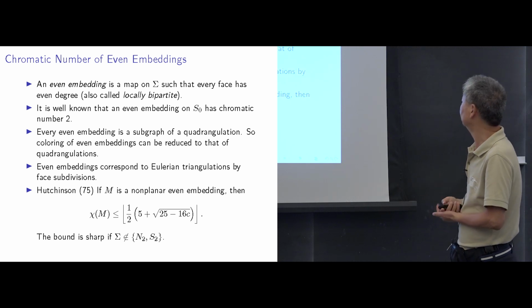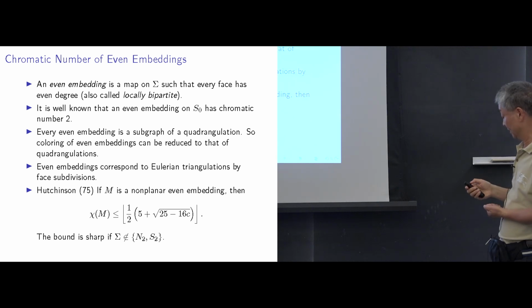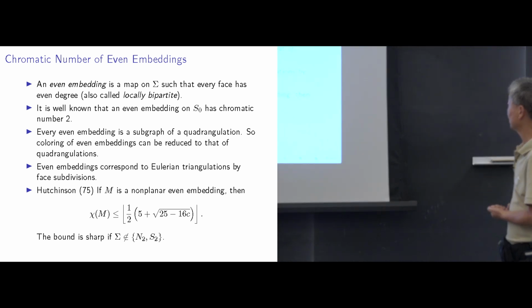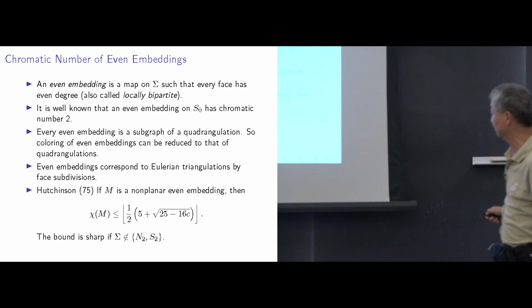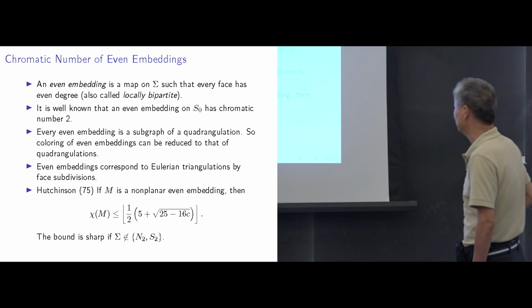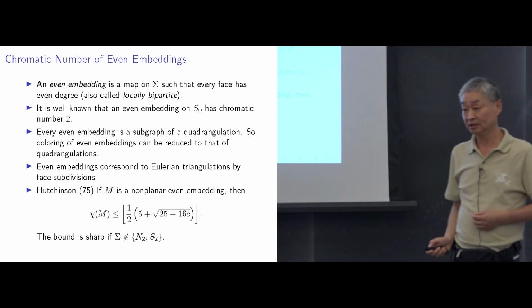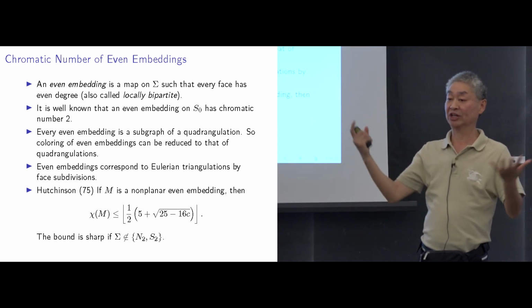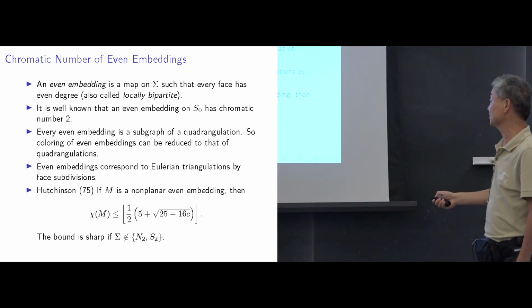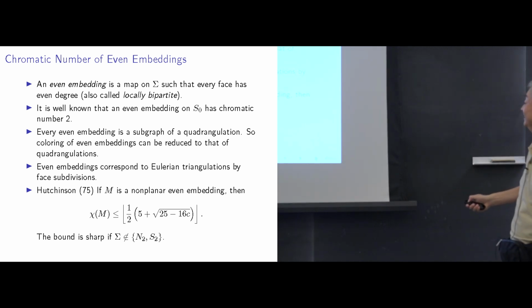So there are some analogous results to general embeddings, chromatic numbers of general embeddings. For example, Hutchinson, '75, she showed that this bound is similar to the Heawood bound for the chromatic number of a general map, right? But this is a little bit smaller here.